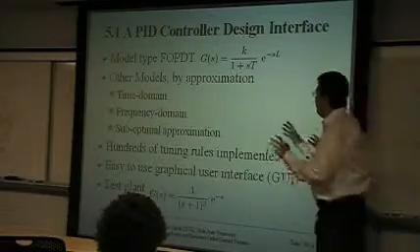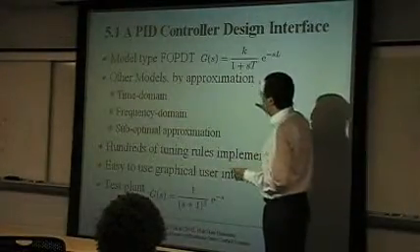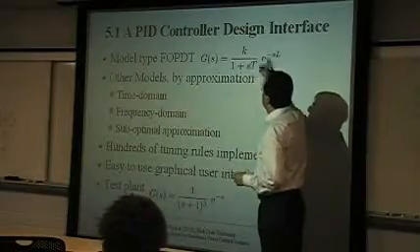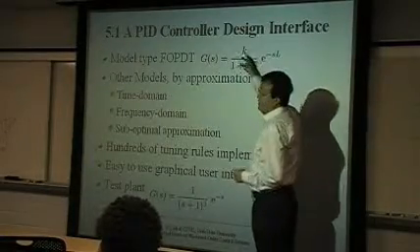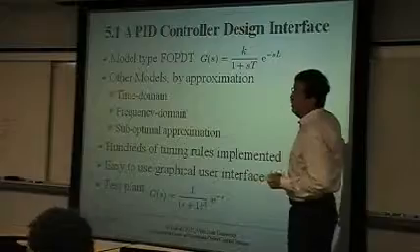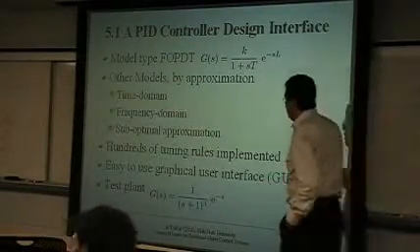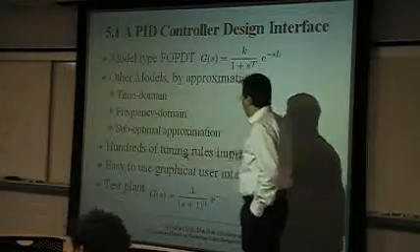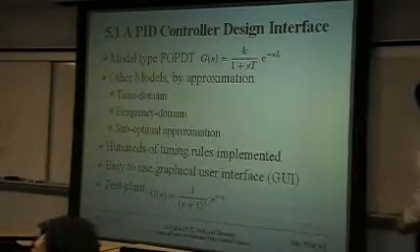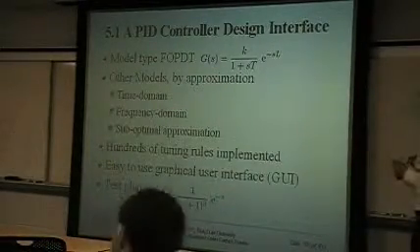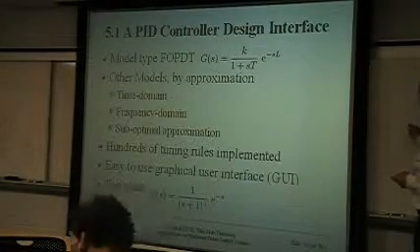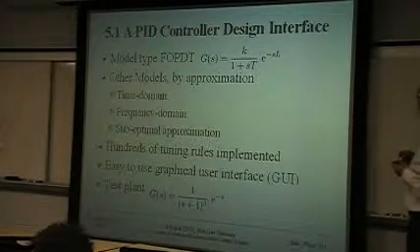For a given transfer function, we can first approximate it to this form where we can find K, L, and T. And then using the tuning rules, the one I will recommend is the one listed in the book called the Handbook of PID Tuning Rules.